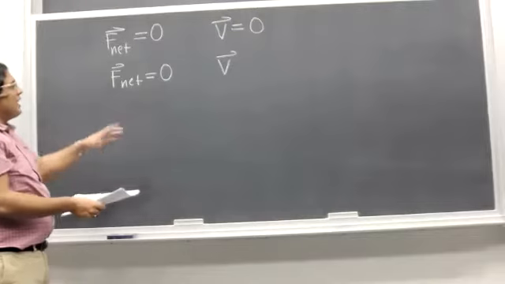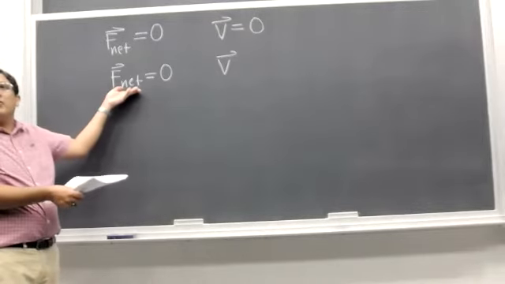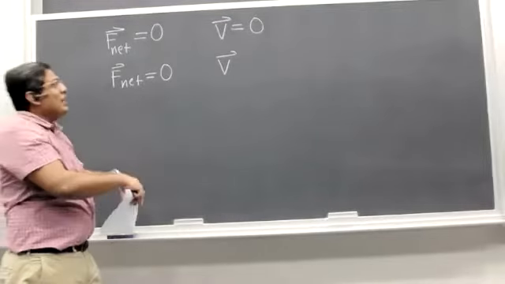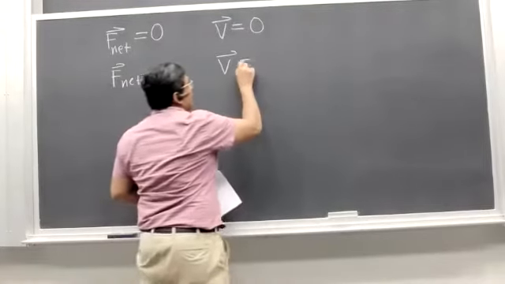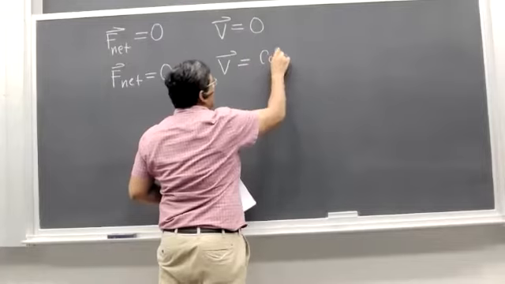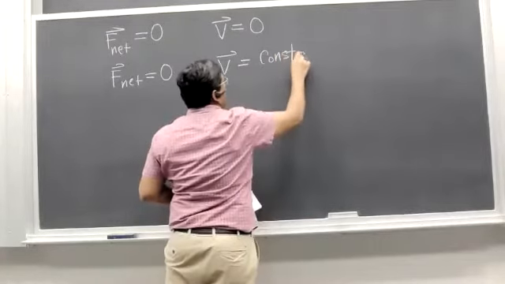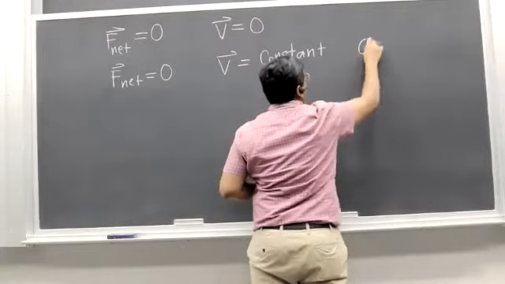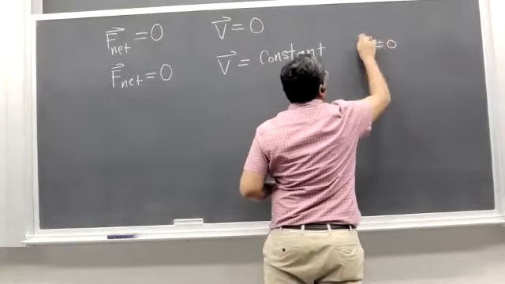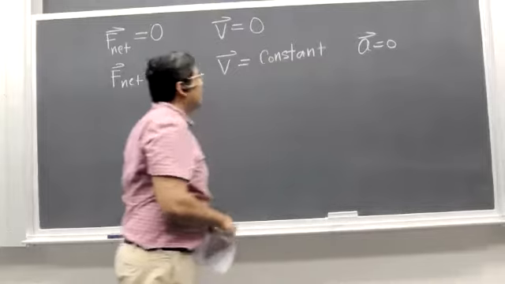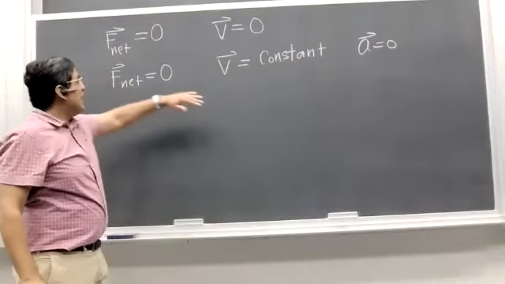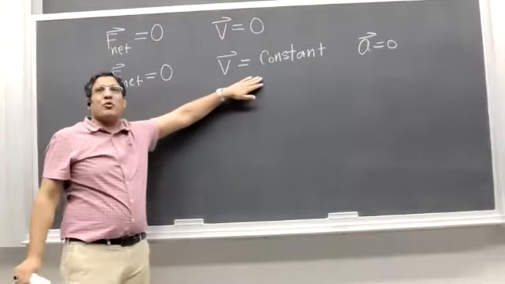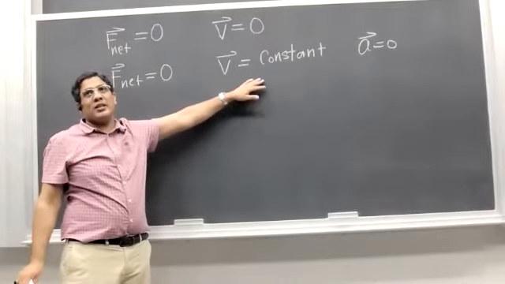Once we are done adding, we find the net force to be zero. And while we are looking at this object, it was already moving with a constant speed, a constant velocity. Needless to say, that means the acceleration is zero. If an object is not accelerating and the force is zero, it would continue its motion that way. This is a bit counterintuitive.